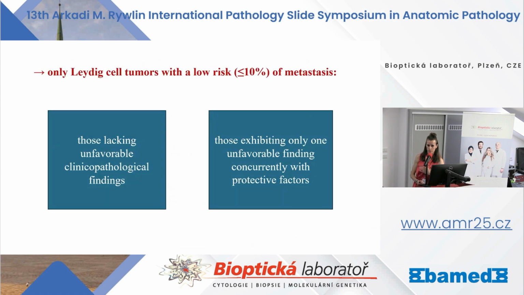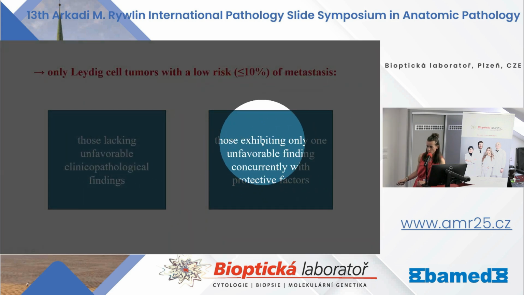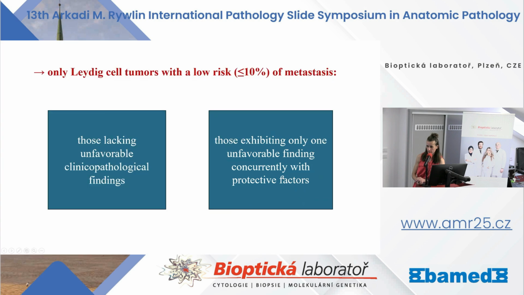So the simplified conclusion from this multiparametric system is that we can consider Leydig cell tumor as reliably benign or with a low risk of metastatic spread. Those tumors which lacked all unfavorable clinical pathological findings, or alternatively the tumors which exhibit only one unfavorable finding and concurrently present with protective factors.